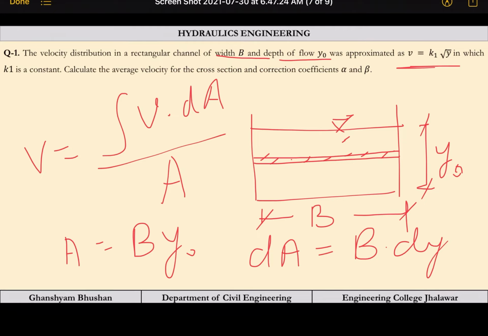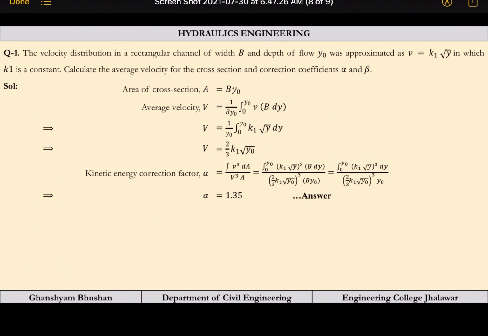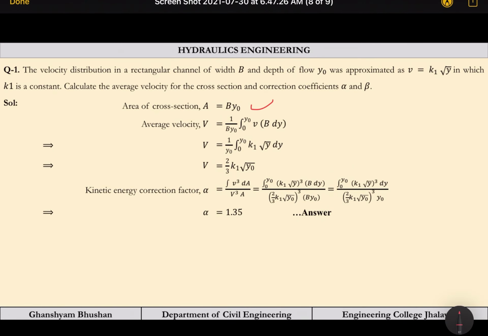So let us see how we are going to do that. The area of cross section is b into y0, and the average velocity is nothing but 2 by 3 k1 root y0. Here b will get cancelled out, only y will remain. We have to integrate from 0 to y0. The integration will come out as 2 by 3 k1 root y0.